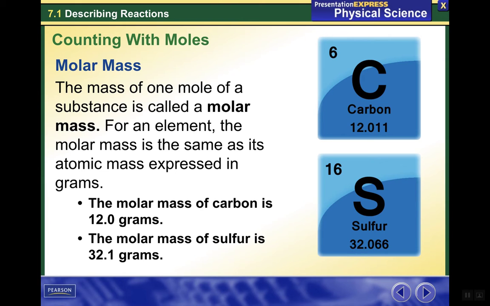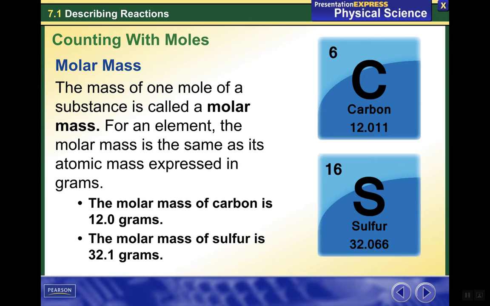So if you look on your periodic table and you look in that bottom number at the atomic mass, that is expressed in atomic mass units, which if you remember back, that's 1/12 of a carbon-12 atom. But that number tells you the number of grams in a mole of that substance.